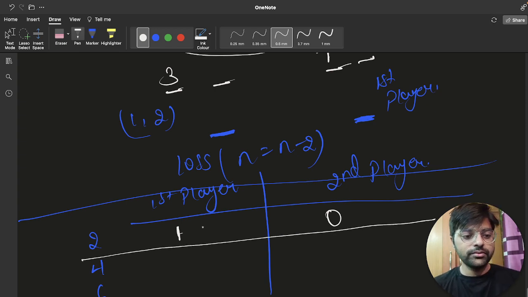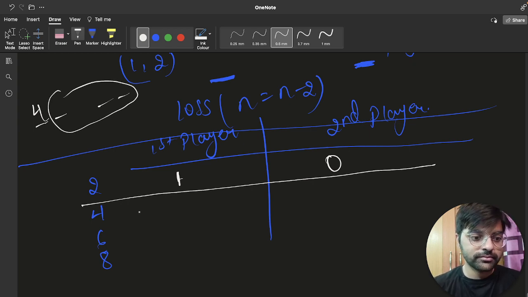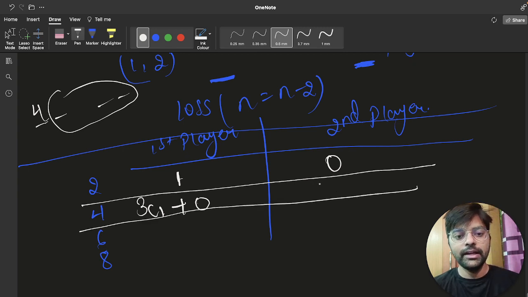Now what can I do? There are 4, so 4 will be here, and from the rest of these, 3. So 3C1 plus the second player wins, right? And you can calculate the loss here. How can you calculate the loss?